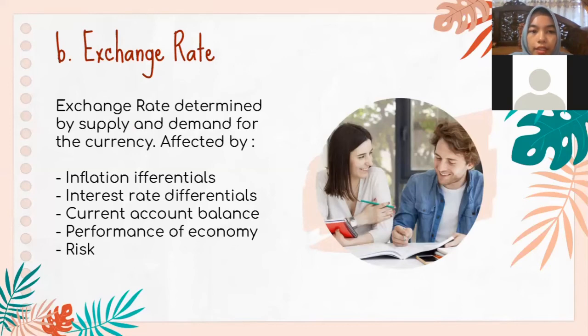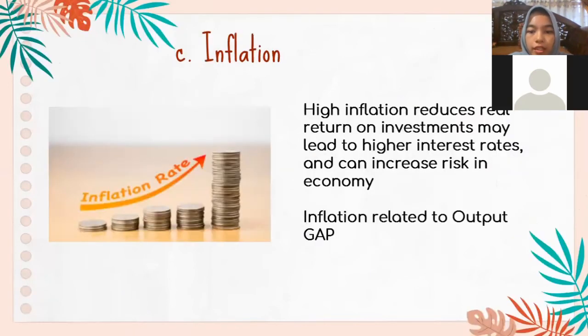And the next factor is inflation. High inflation reduces real return on investment, might lead to higher interest rates, and can increase risk in the economy. Inflation is related to the output gap, which is the difference between the potential output of the economy and the current level.